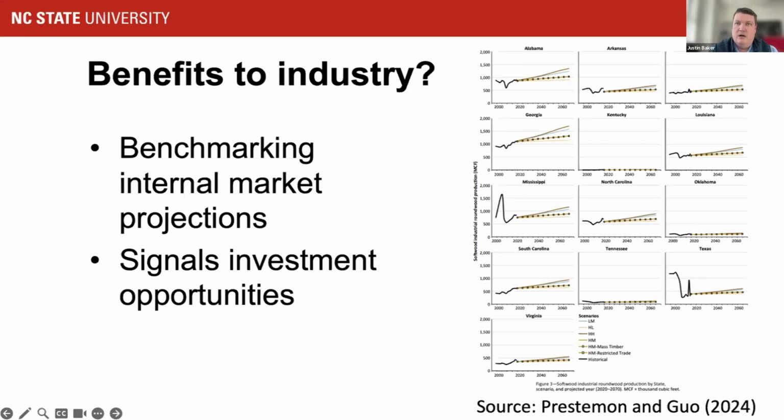And so the RPA provides a nice publicly backed set of market projections that folks in industry, be that forest product manufacturers or forest managers, can use to compare against their own assumptions about where markets are heading, to give some sense for the potential variability in future market conditions. And I think in that context, these projections can be useful in terms of signaling potential investment opportunities, or if the opposite is true, where investment may need to slow down a bit.